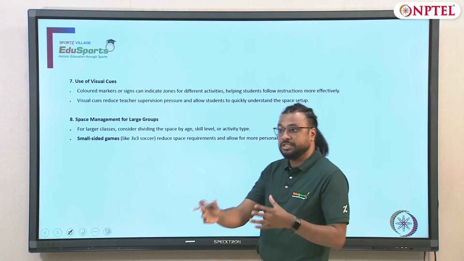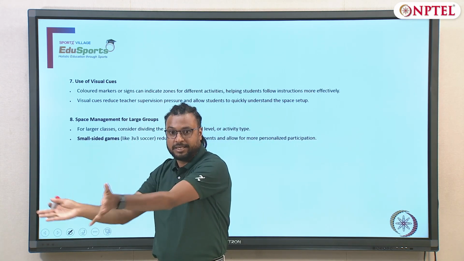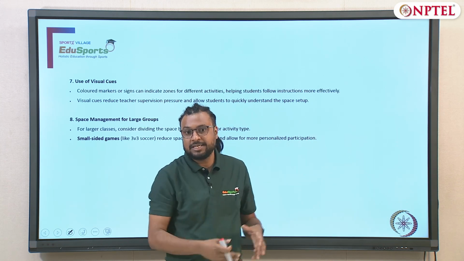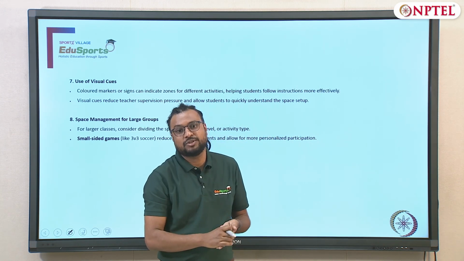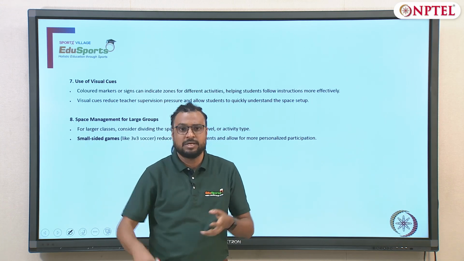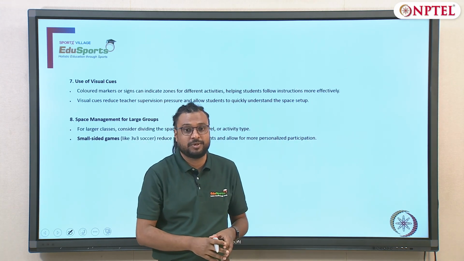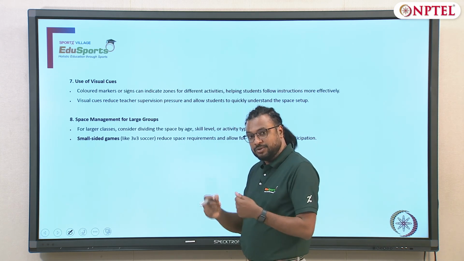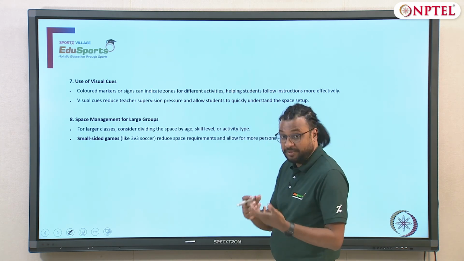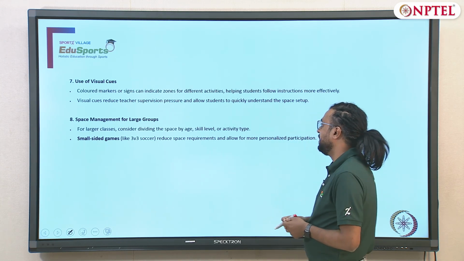You can say, hey, smaller kids, you play in that green zone, and class 6 kids play in the red zone, for example. It is easy for you to supervise from a distance, knowing that if you see a smaller kid in the red zone, you say, hey, this is not the zone that you should be going to. You can use that for supervision, or to minimize some kinds of injuries.